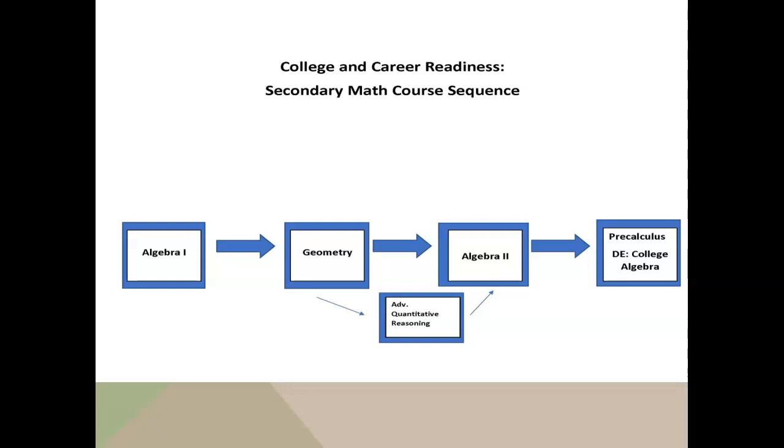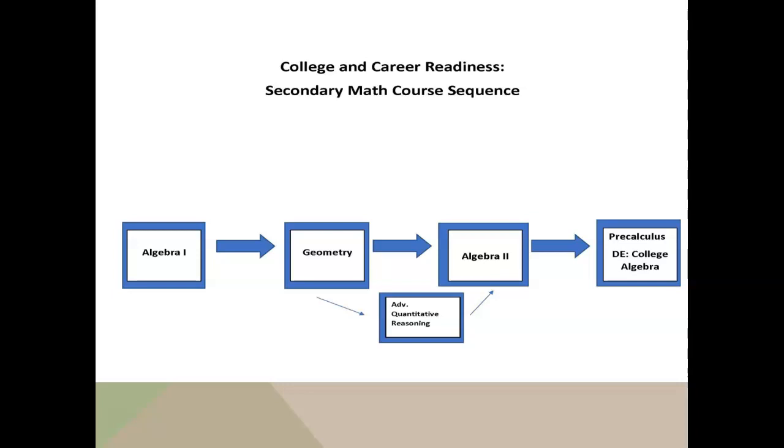However, some students took Algebra 1 or geometry or both in middle school, so their progression is going to be a little bit different. So in this case, if you are currently in geometry and have not earned credit for Algebra 1, you probably should take Algebra 1 next school year. I don't recommend you take Algebra 1 and Algebra 2 concurrently.